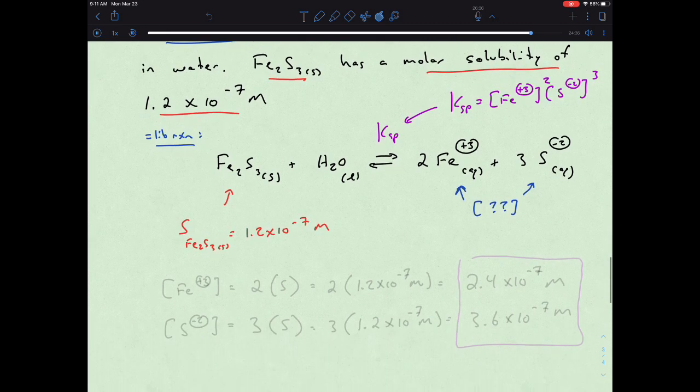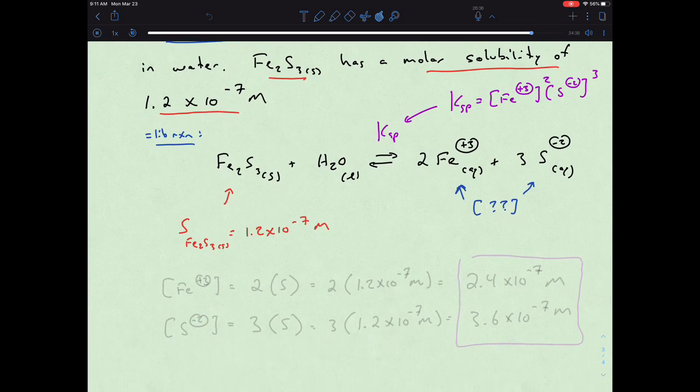To get at these ions, we use this chemical reaction or equilibrium process to relate the two. To solve for our iron plus 3 concentration, that would be 2 times S, because for every 1 molecule of the ferric sulfide solid, we get 2 of those iron plus 3 ions.